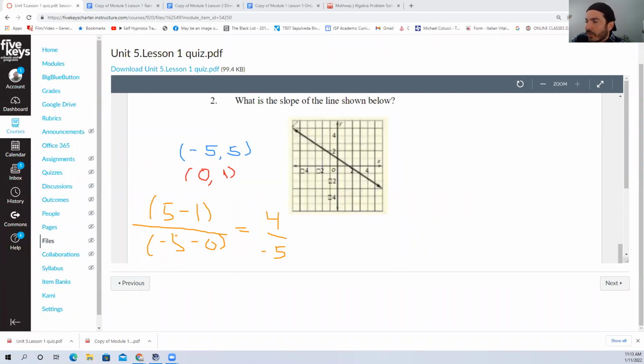So if I go over 4 and down 5, I should get there, right? 1, 2, 3, 4, and down 5. 1, 2, 3. Whoops, I'm sorry. 4 is the rise, -5 is the run. So I should go down 4, right 5, and I should get there. 1, 2, 3, 4. 1, 2, 3, 4, 5.